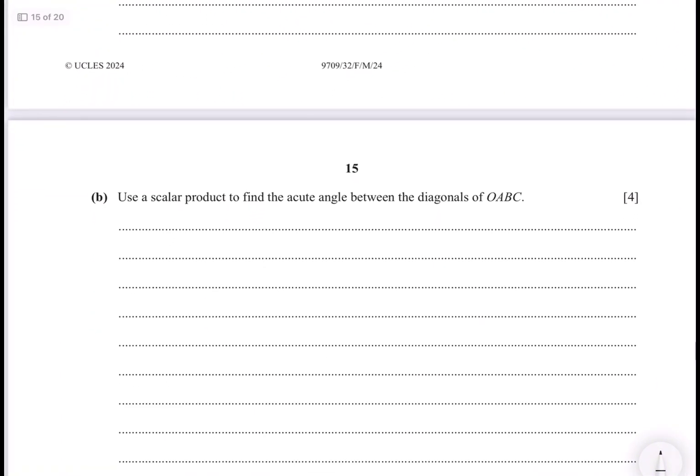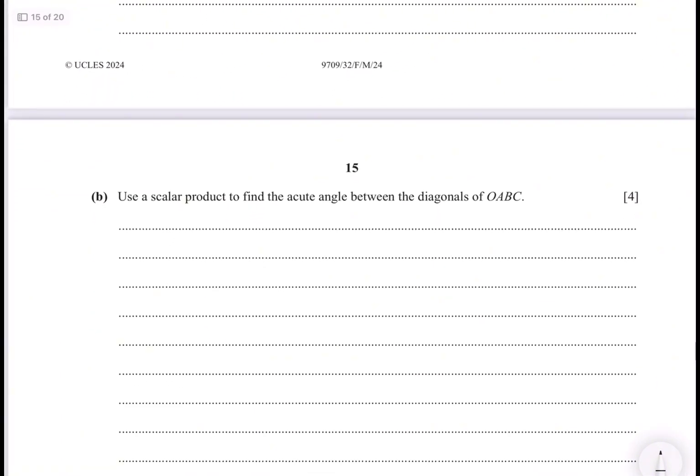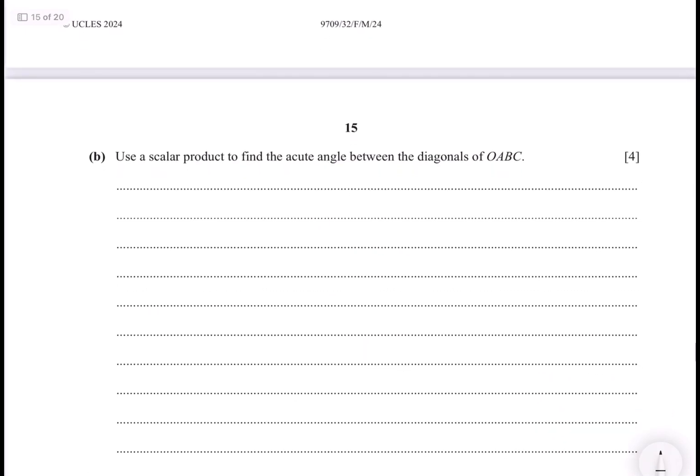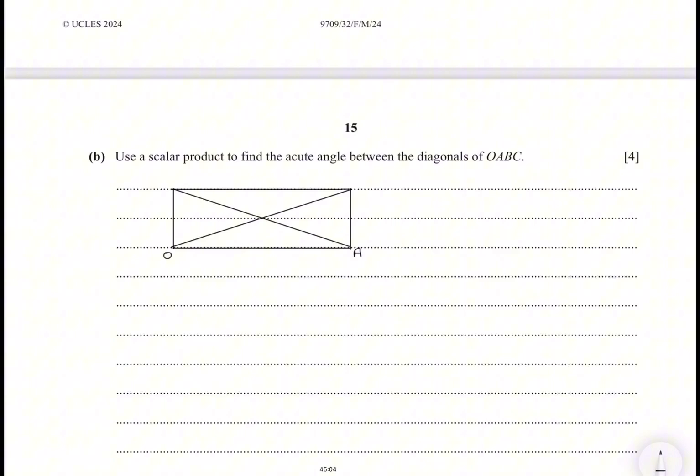B part says use a scalar product to find the acute angle between the diagonals of OABC. So again make the rectangle. So acute angle, I name the center point P. So cos of BPA equals PB dot PA over magnitude of PB times magnitude of PA.